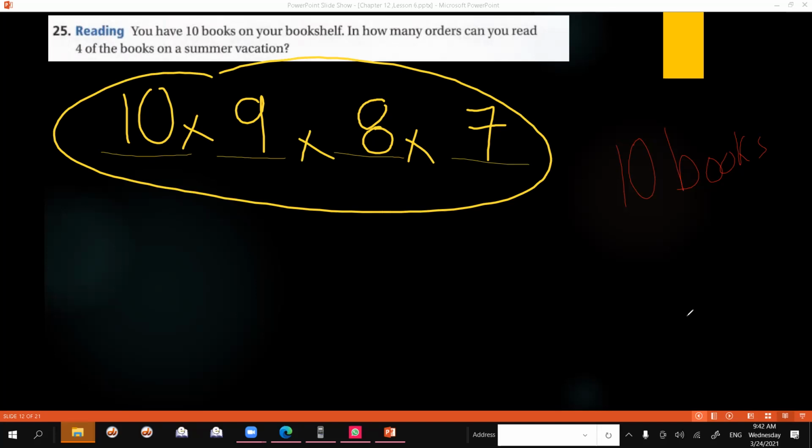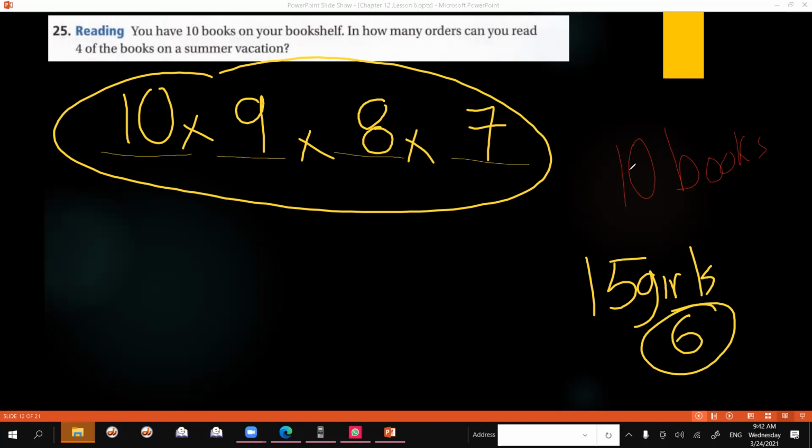As an example, I have 15 girls in the class, and I want to choose 6 of you for my project. So what I have to do is put 6 blanks.